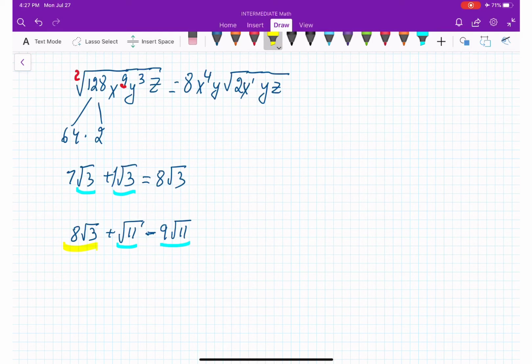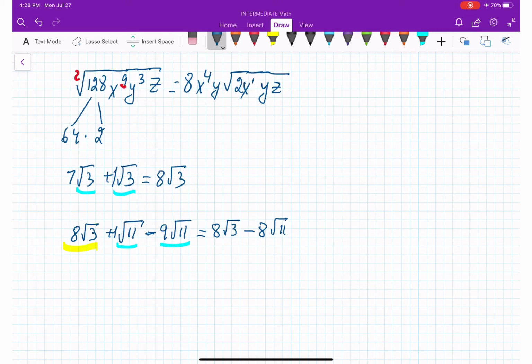There is nothing to combine with the 8 square root 3, therefore 8 square root of 3 is going to stay as is. Square root 11 minus 9 square root 11: that's 1 minus 9, which is negative 8 square root 11. How did we get negative 8? This is 1 minus 9, and that is negative 8. Okay?